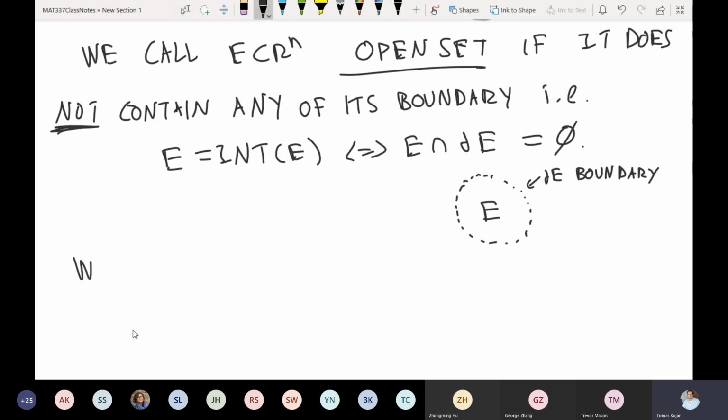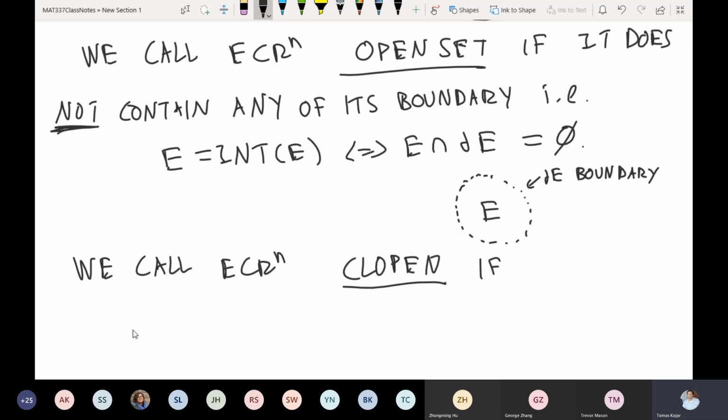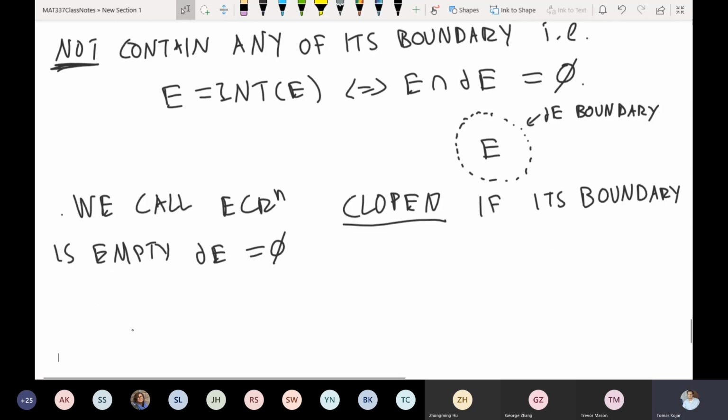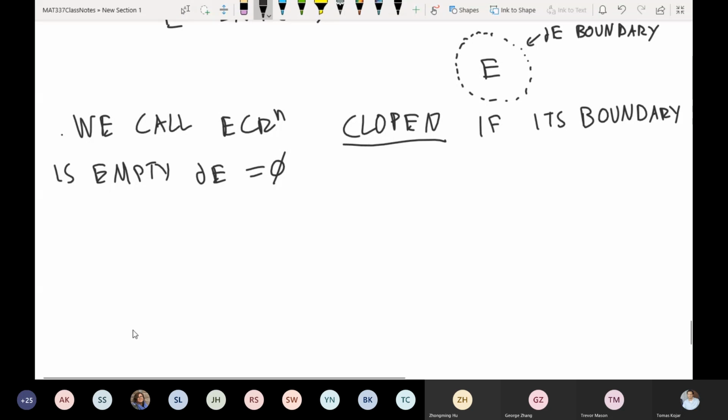And finally, we call E in R^n clopen if its boundary is empty. Okay, these are the definitions.